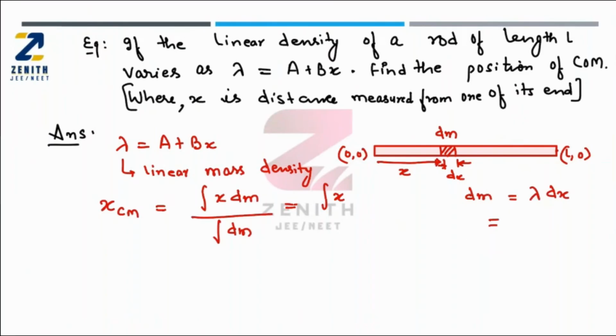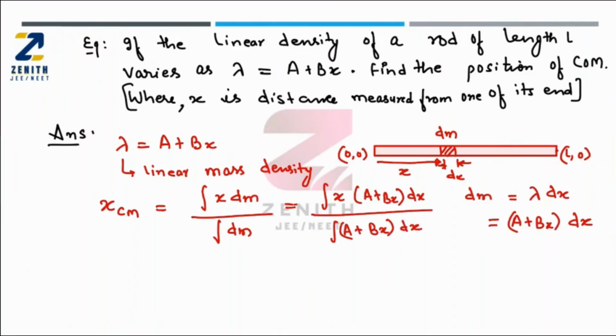Sometimes they will give it in terms of area, in which case dm becomes sigma into dA, and you put whatever variation they have given. So lambda is a plus bx, into dx.